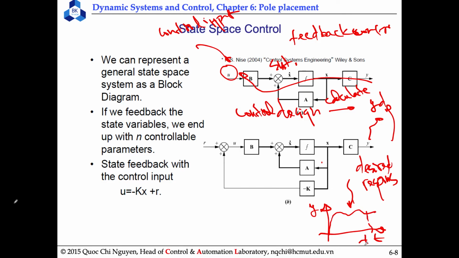The YD, the desired response, means YD must have a settling time less than the settling time design, have an overshoot less than the overshoot design, and have the steady state error at our requirement, right?